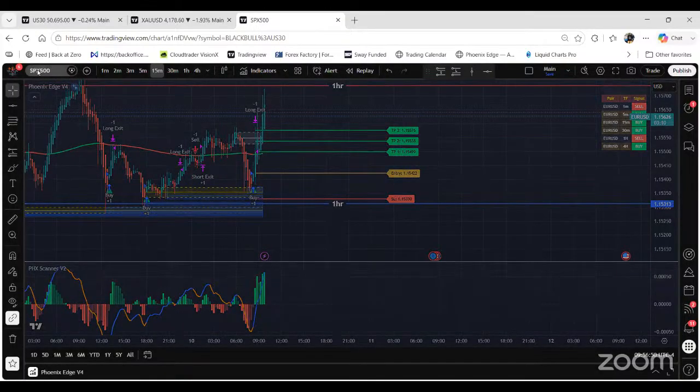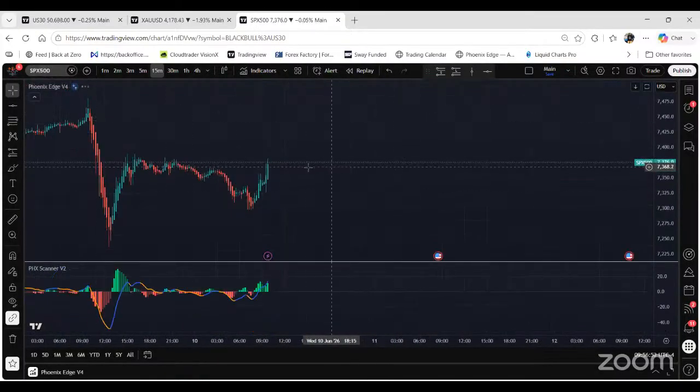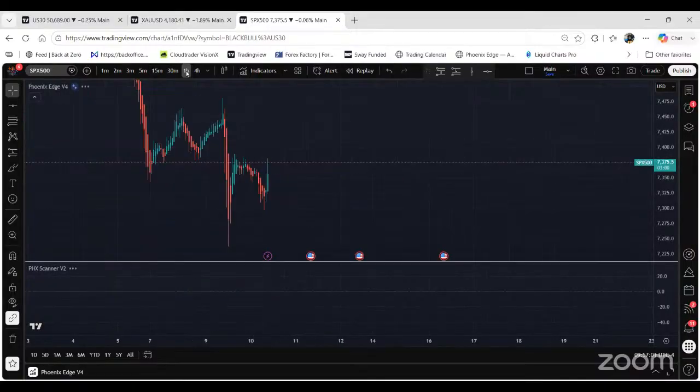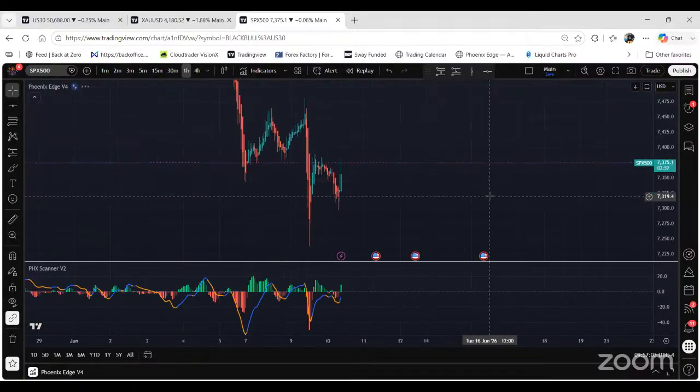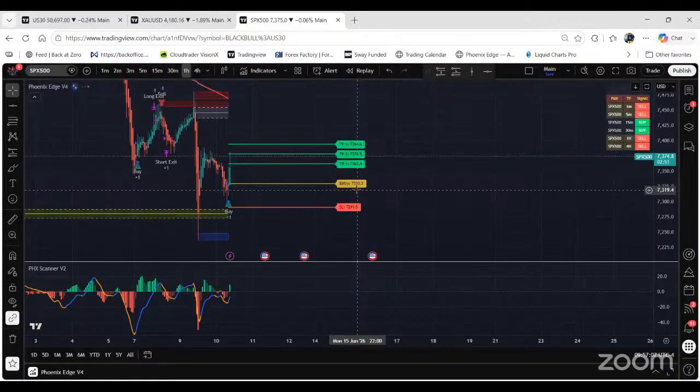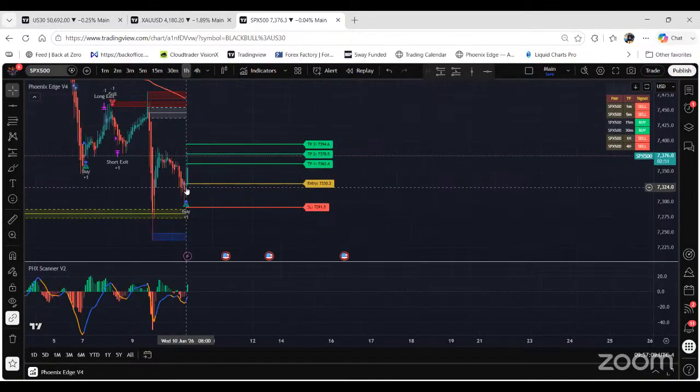Hey, somebody drop in the chat one of the assets you trade and are currently looking at. And SPX had one too.